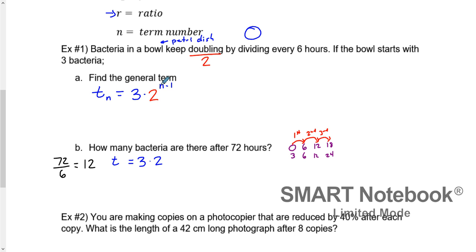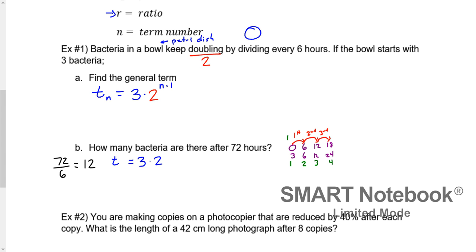If we plug 1 into here, 1 subtract 1 is 0, 2 to the power of 0 is 1, that'd still be 3. So technically, this is our first term. It has 3 bacteria. This would be our second term. This would be the third. This would be the fourth. So on and so forth.